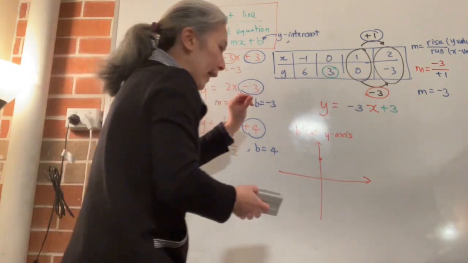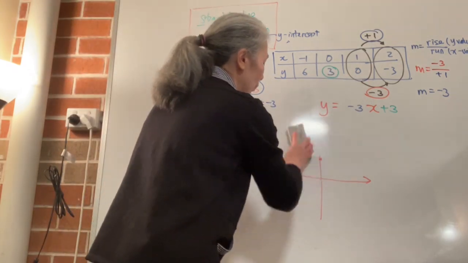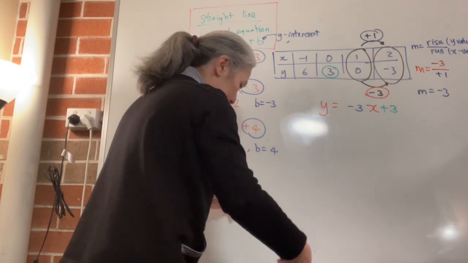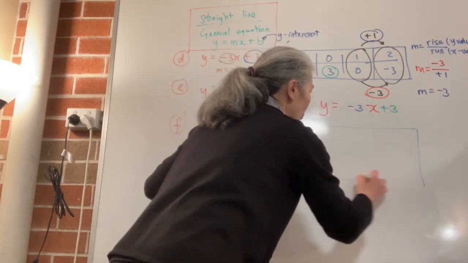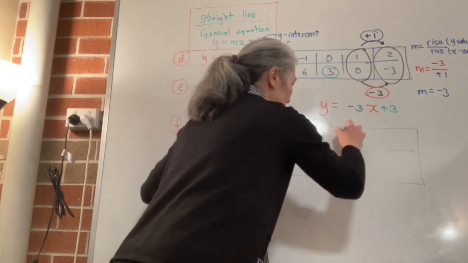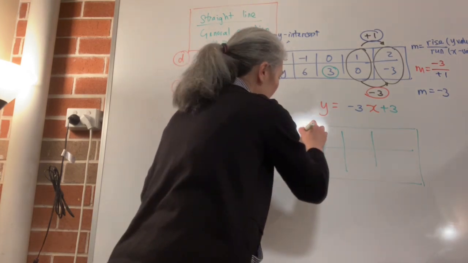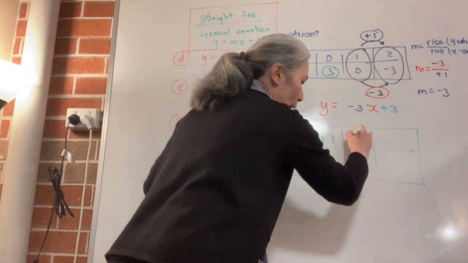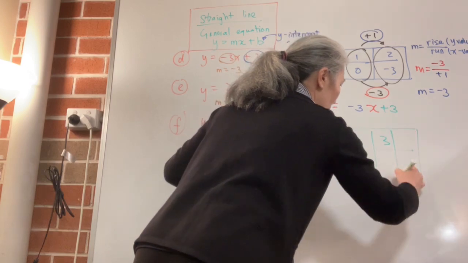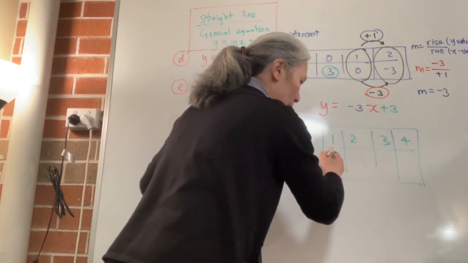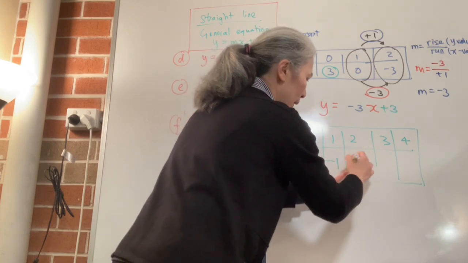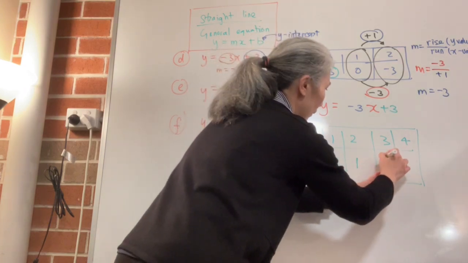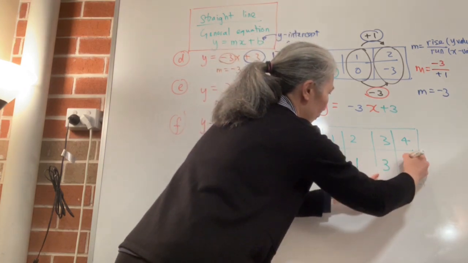So let's look at the second table that I have. If I'm looking at this table, I want you to write out the, so this is your x, this is your y, 1, 2, 3, 4. And what is the number you have in here? Minus 1, 1, and 3, and 5.